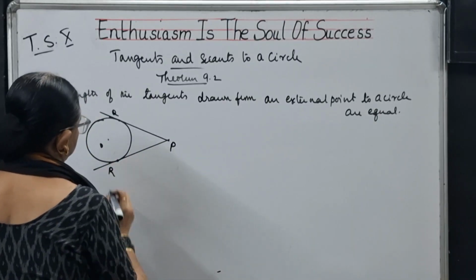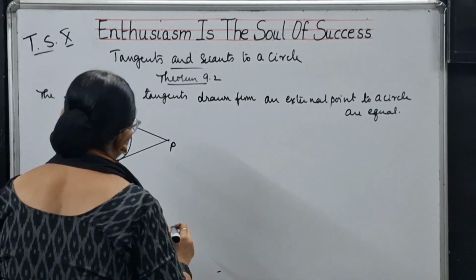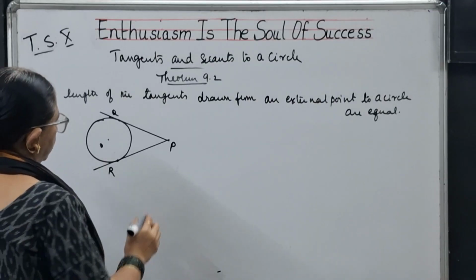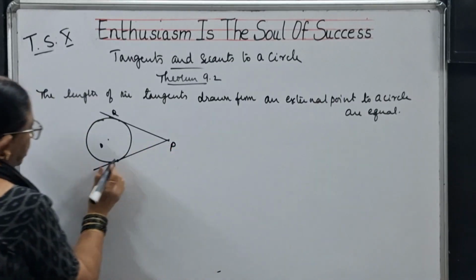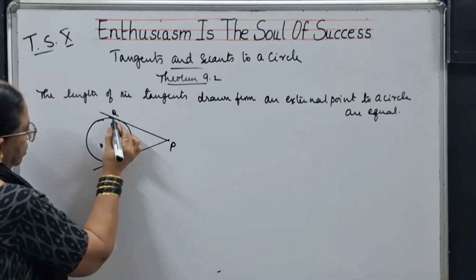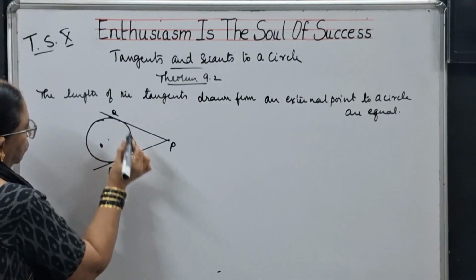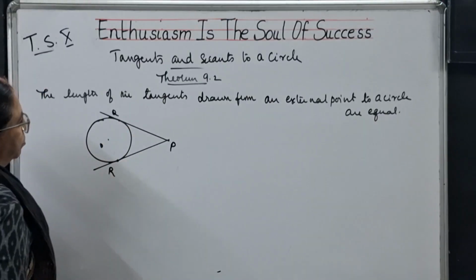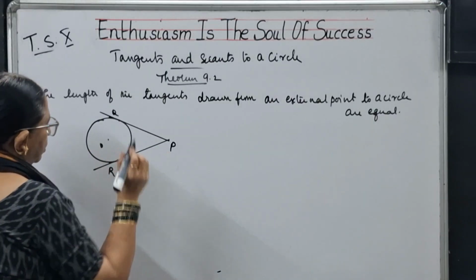So this PQ is one tangent, PR is another tangent. Now here what you need to prove is that PQ is equal to PR.